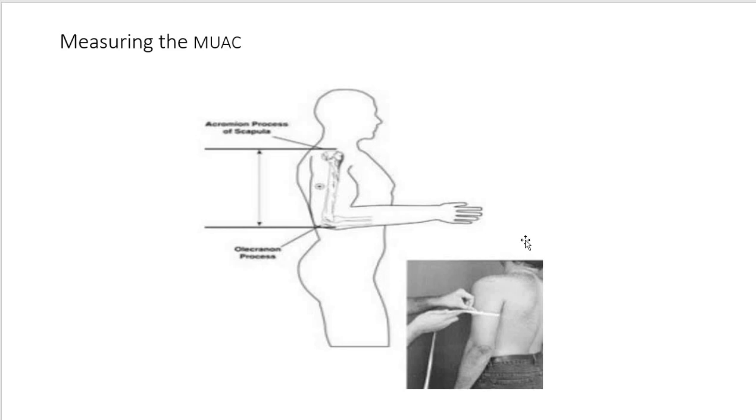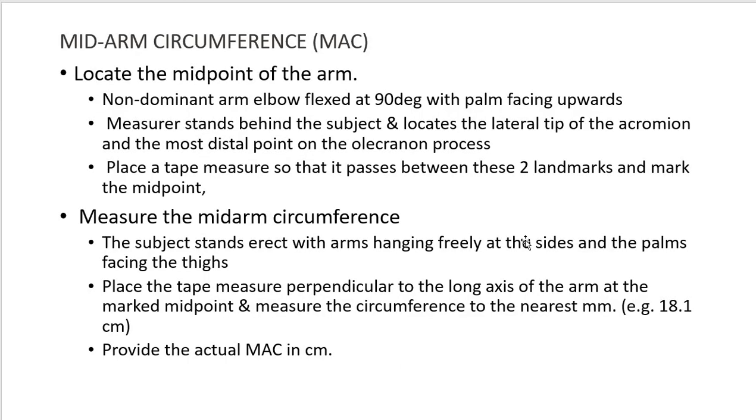One has to select those two points and place the tape measure so that it passes between these two landmarks, the acromion and the olecranon process. Then we mark the midpoint. Once we mark the midpoint, we take the mid-arm circumference.